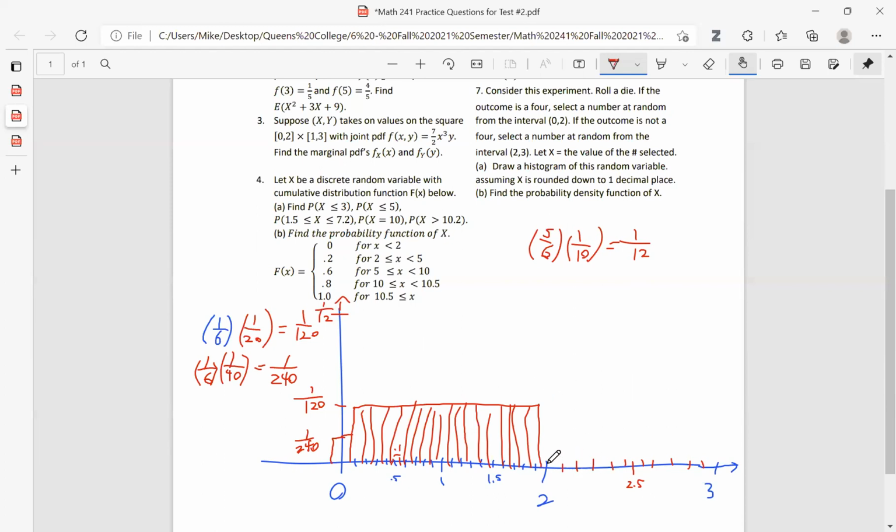And so now those are the probabilities for these, from 2.1 to 2.9. Each of those would round to a 1/10 of the interval.